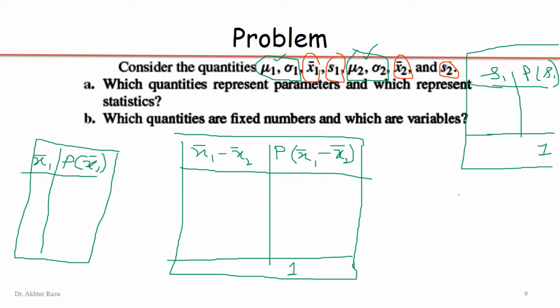If I am interested in the sampling distribution of the ratio of two sample standard deviations, that can be represented as S1 upon S2. So S1 upon S2 is my variable. Each value of S1 is divided by S2 and the result is a variable, and we are forming a distribution of S1 upon S2. So in the next column, we have the probability of S1 upon S2.